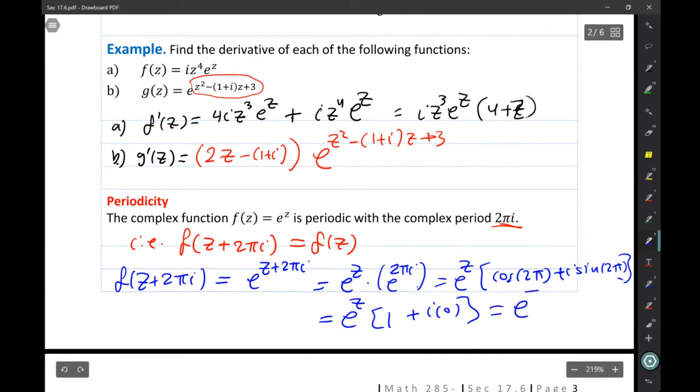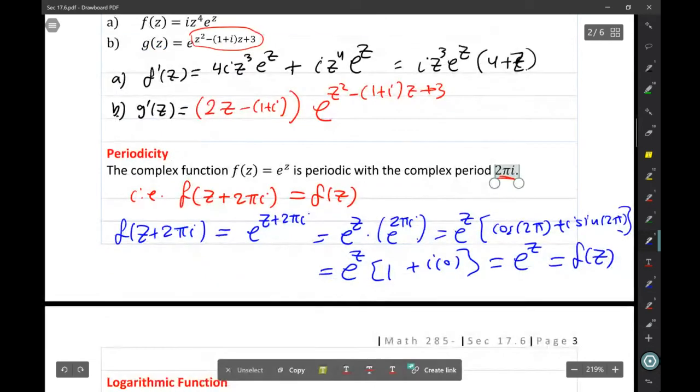So f of z plus 2 pi I is equal f of z. So it is periodic with period 2 pi I.